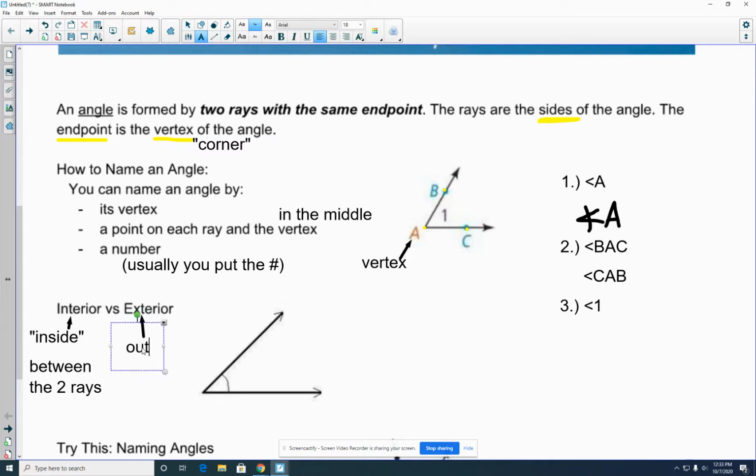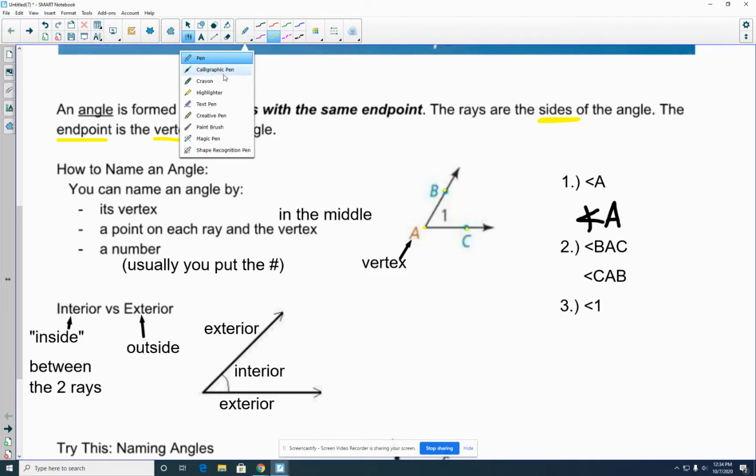So it's outside of the two rays. So if you take a look here, from here to here, in between, this is the interior. This would be the exterior. Well, there's another ray, it's down here, so this would be the exterior as well. So you have your interior and your exterior.